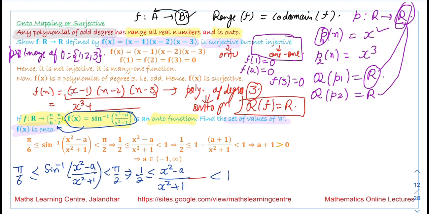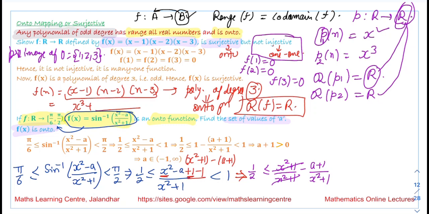Now, in the numerator we add 1 and subtract 1, and we can write the numerator as (x² + 1) - (a + 1). So this implies that 1/2 ≤ (x² + 1)/(x² + 1) - (a + 1)/(x² + 1) < 1.